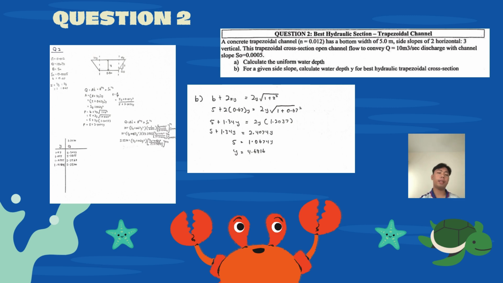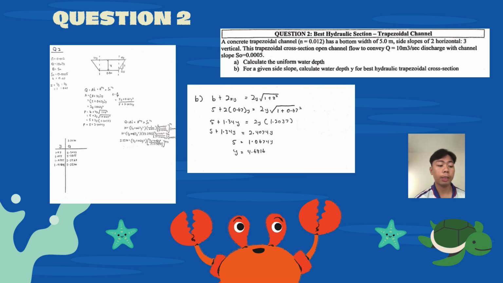We must use the trial and error method until the Q we get is 5.3570, the same value. So the final answer for y is 1.07645. Okay, so this is for question A.